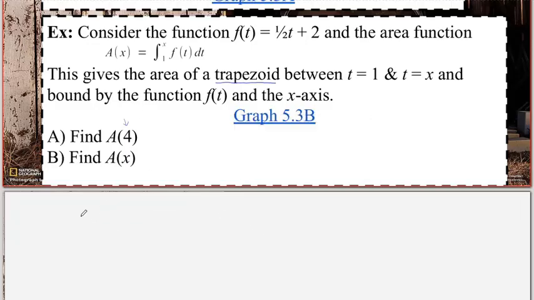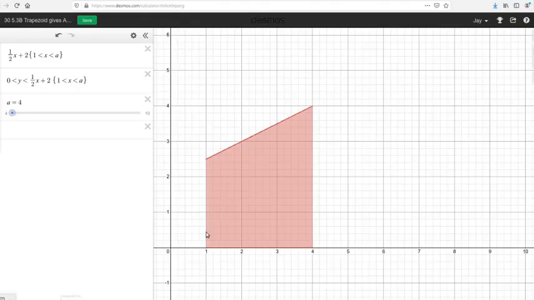Knowing that this is a trapezoid, I know the area of a trapezoid is given by 1/2 base 1 plus base 2 times the height. Base 1 and base 2 in this case are going to be the height above 1 and the height above 4, not to be confused with the height of the trapezoid, which is actually just the way the trapezoid is laying. It's going to be 3.